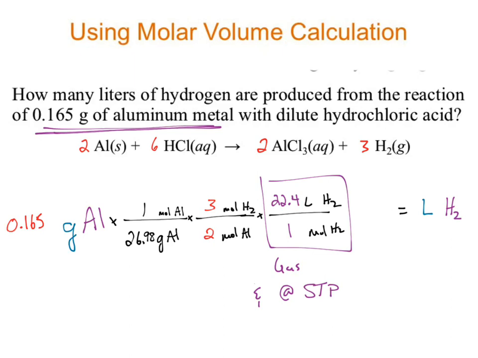So you need to remember what standard temperature and pressure are. Is that something that you might want to write down? Okay, what's standard temperature? 0 degrees Celsius. Standard pressure is 1 atmosphere.